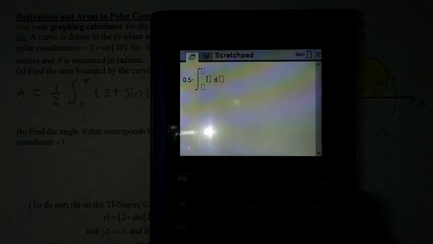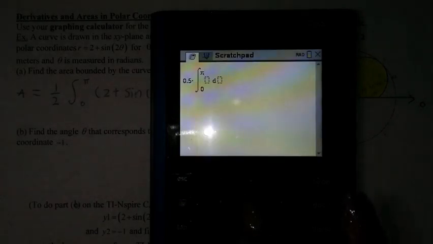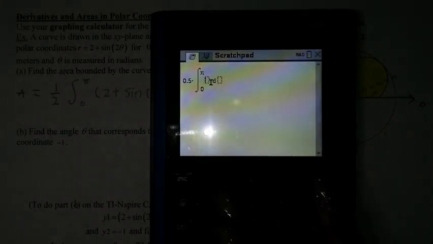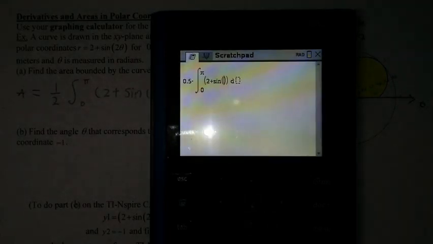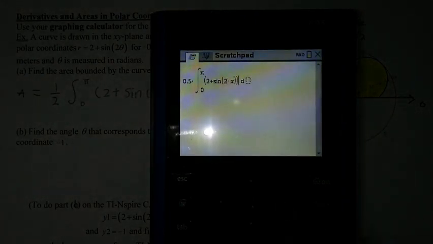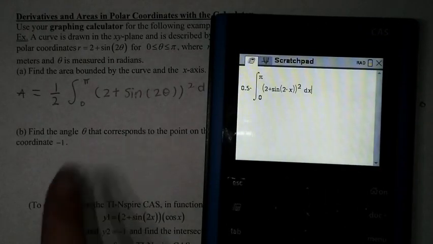Then put the limits of integration 0, and over here remember that you're going to put pi. Use a parenthesis for the integrand, so you can put the square, no problem. Then you have sine, and the argument there is 2 times x. I'm going to replace theta with x to make it easier. So you have exactly what we have over here.